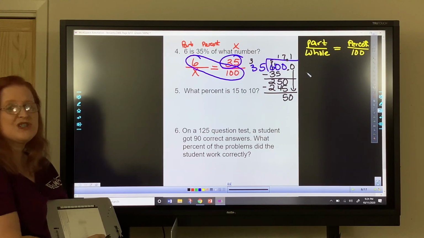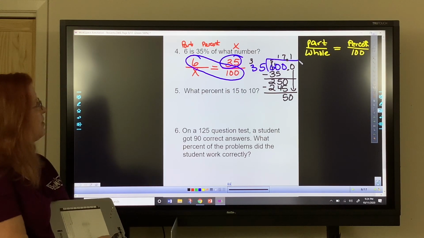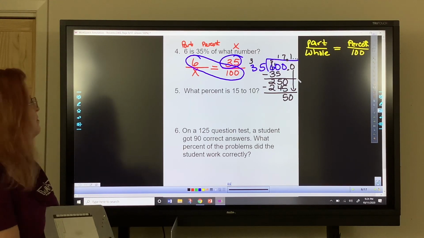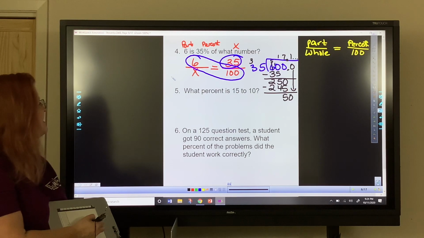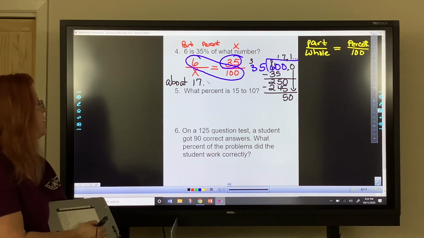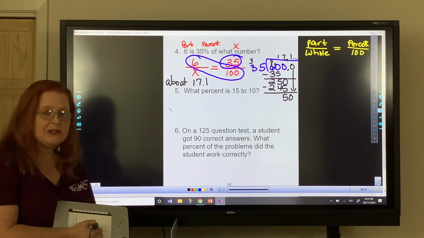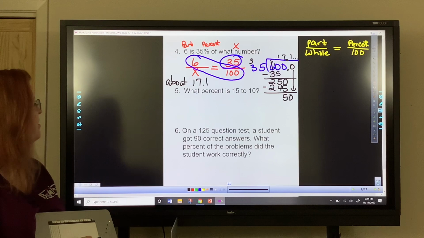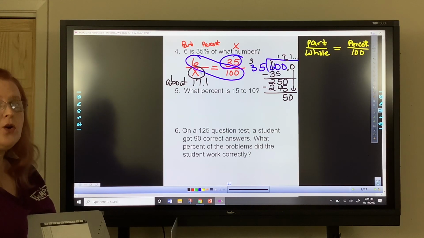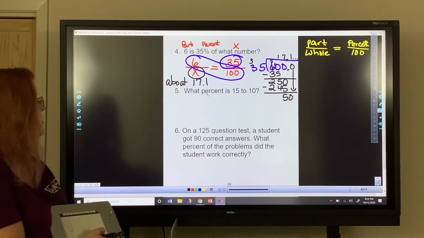Okay, and I'm going to stop there because it's okay to round. And so we get about 17.1. Now, this number is not a percent because it's our number that we were looking for here. It's our whole amount that we were looking for.